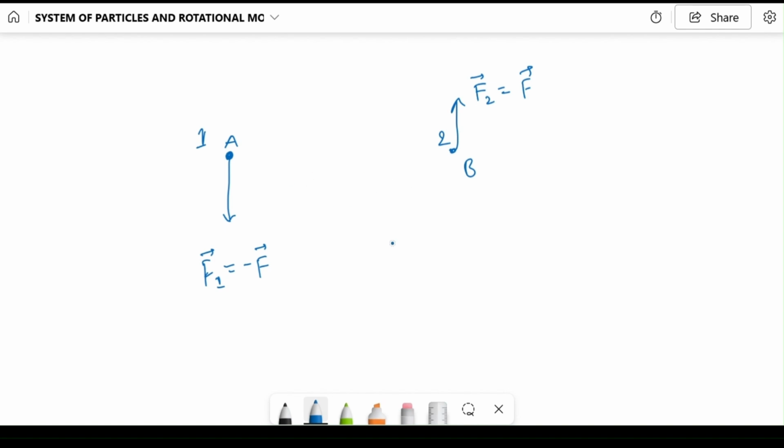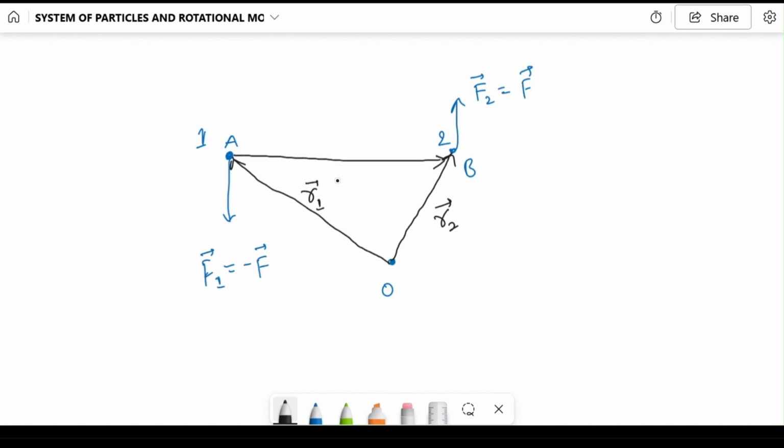Now, we are choosing a random origin here, and the position vectors for this point 2 will be, let's say, R2, and for this point 1, let's say R1, and then there is a vector here AB.